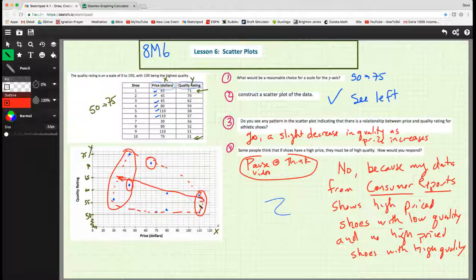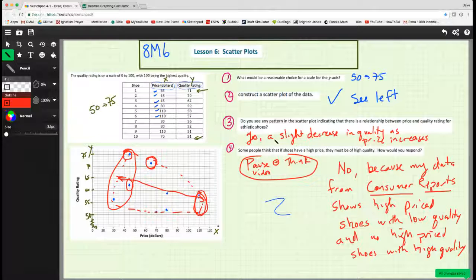Right? All of my high priced shoes have low quality. I don't see anything up here. I don't see a $110 shoe with a 75 or a 70. The only shoes that I see with 75 and 70 quality are either $40 or $65 shoes.